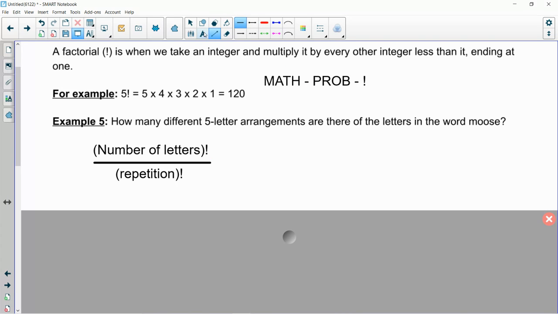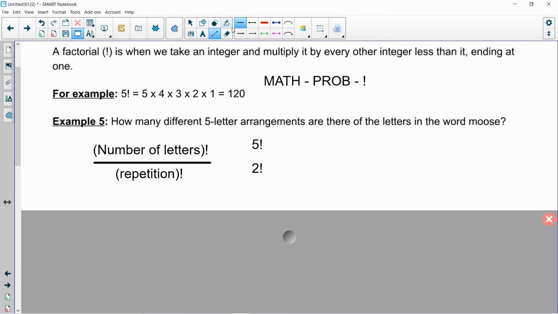So let's look at moose. Moose has 1, 2, 3, 4, 5 letters. So that's what we're going to start with. 5 factorial. Now, what repeating letters do we have? We only have O's that repeat. How many do we see? There are 2 O's, so it's 2 factorial. If it was a word that had 3 O's, we'd use 3 factorial, and so on and so forth.